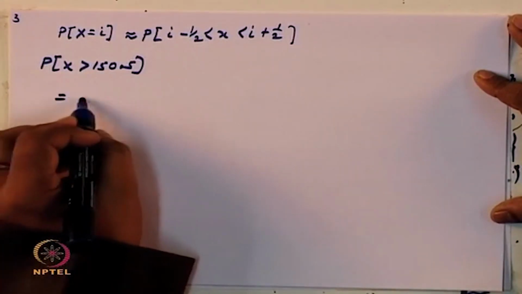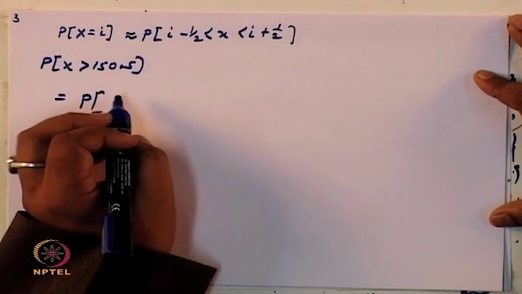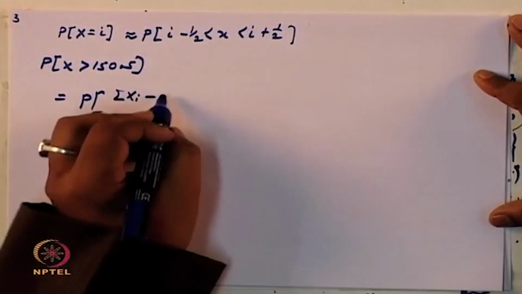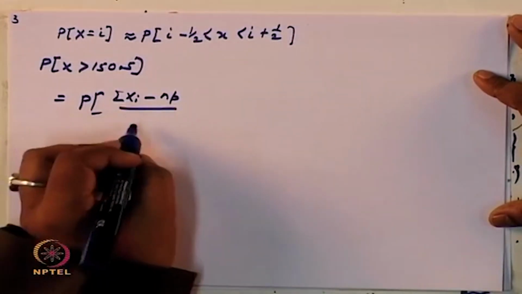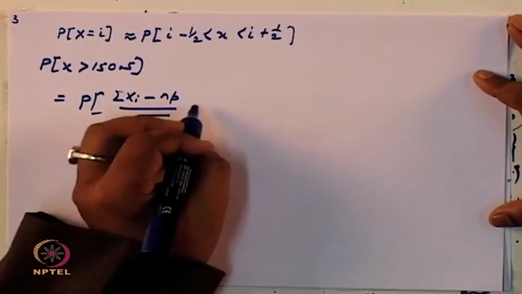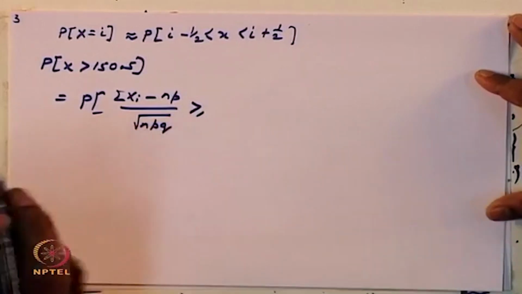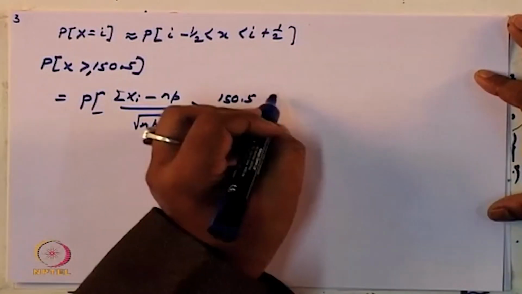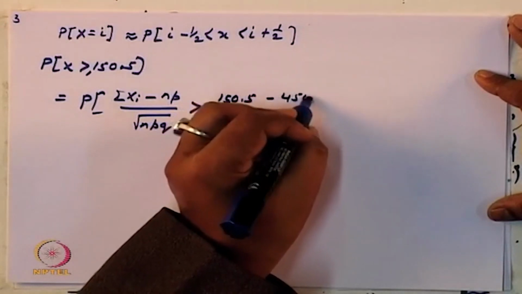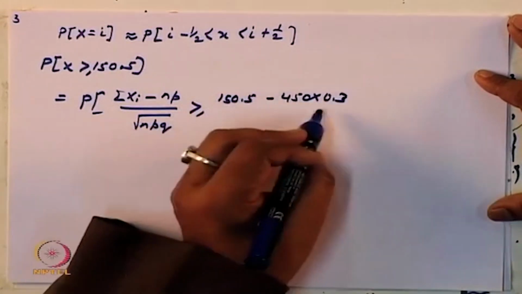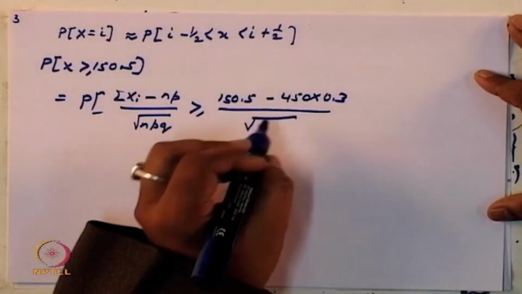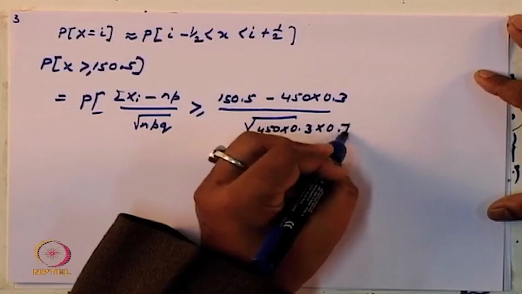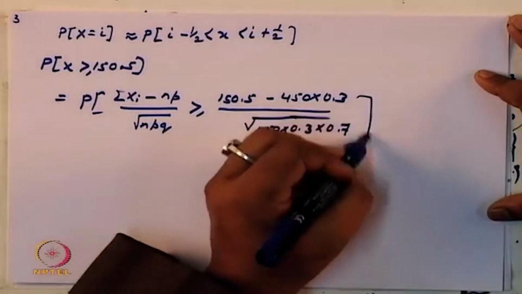So, this is nothing but the probability of z, where z is given by summation x_i minus np, divided by root of npq, greater than or equal to, let us say, (150.5 minus 450 into 0.3, which is your np) by root of npq. Okay.